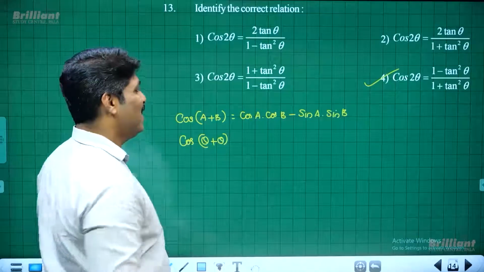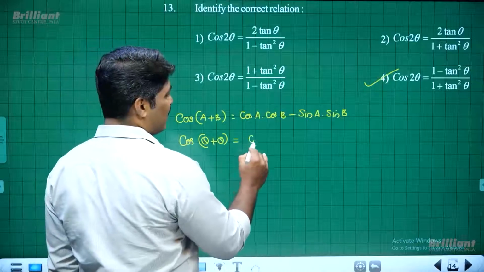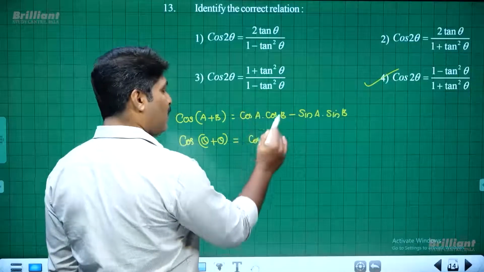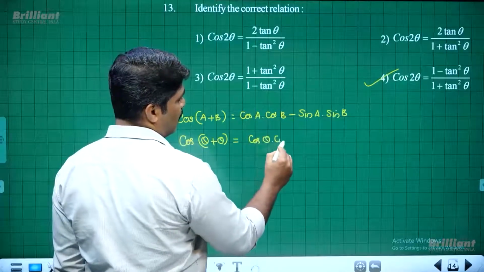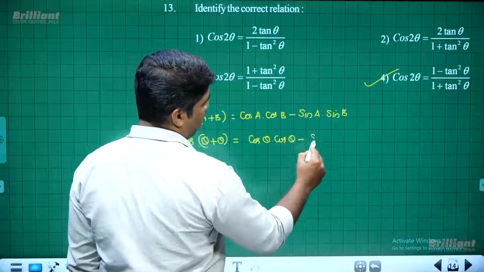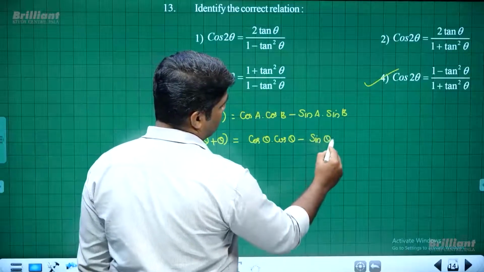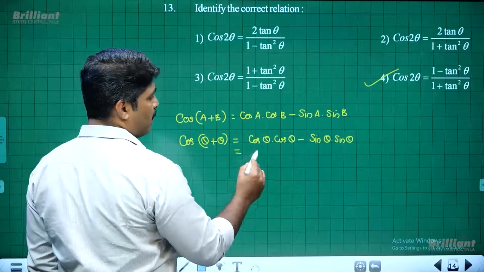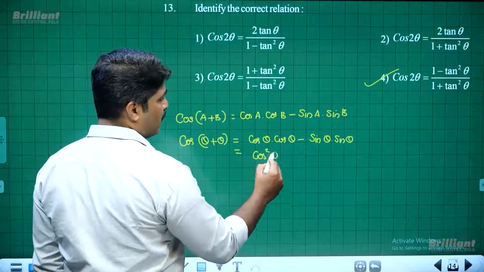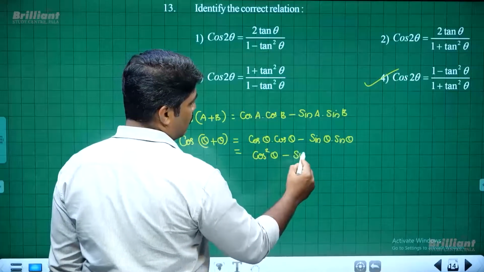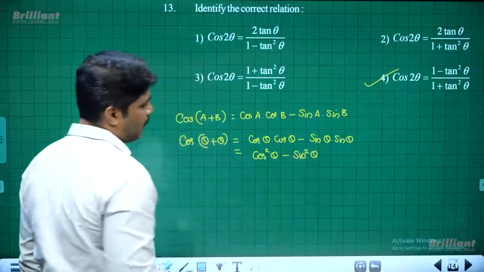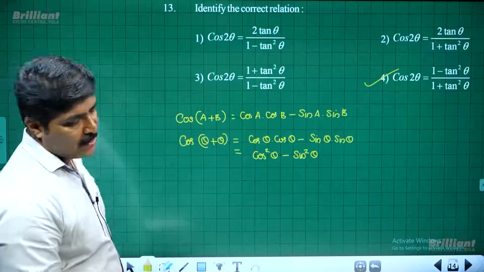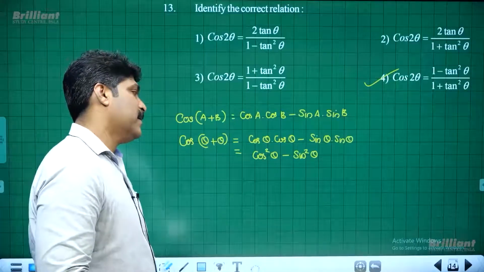Applying this idea, this is cos theta into cos theta minus sin theta into sin theta. That is nothing but cos square theta minus sin square theta.